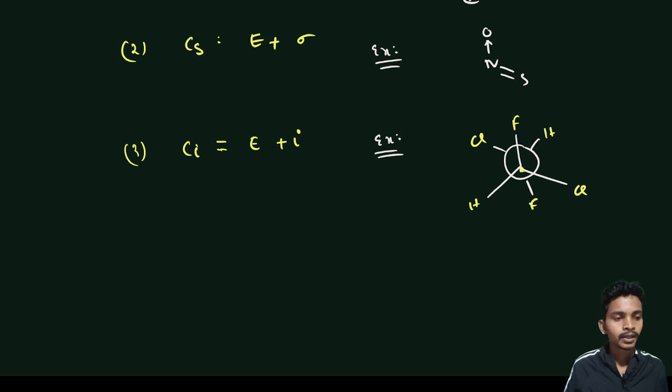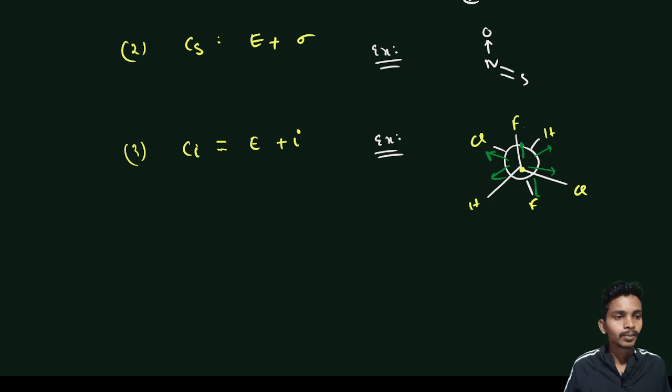Here only the identity E is there. Like if you go here, then you get one F, you get H, H, H, Cl, Cl, Cl, Cl. With that no other elements, because all groups are different.